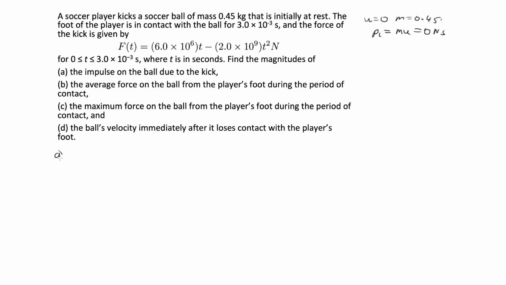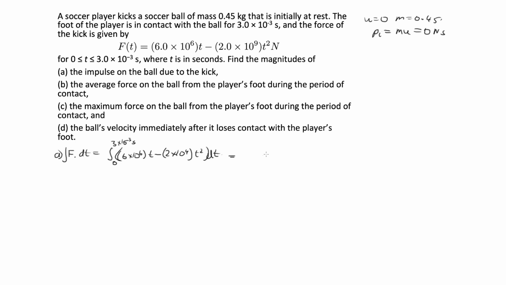Okay, so for part A, we know that the impulse is equal to the integral of F dt. And so this is equal to the integral of 6 times 10 to the 6 t minus 2 times 10 to the 9 t squared dt, going from 0 to 3 times 10 to the minus 3 seconds.